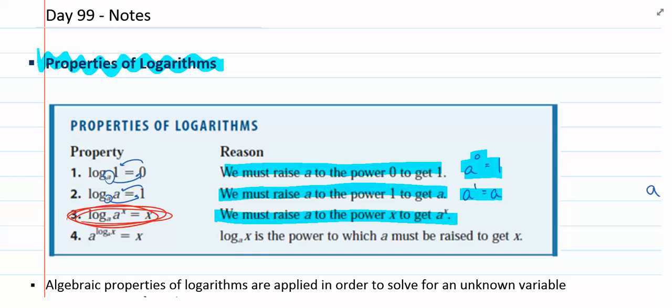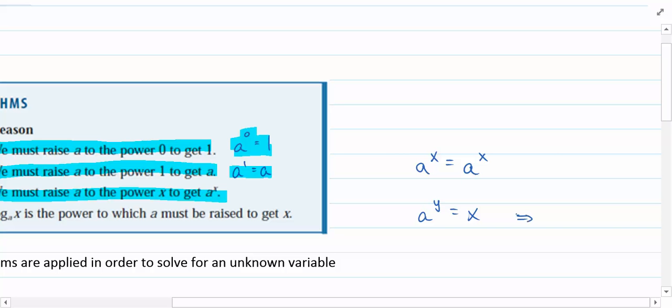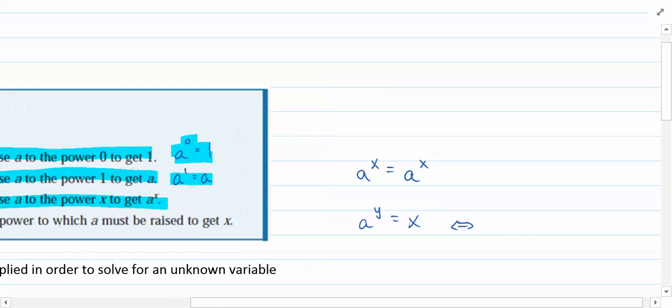This next property is really just an extension of the definition of what a logarithm is. I'm going to rewrite this as a to the y power equals x. This is how our logarithm was introduced to us in the first place. A to the y power is equal to x. Now, we learned yesterday that I could rewrite any exponential function as a logarithm.